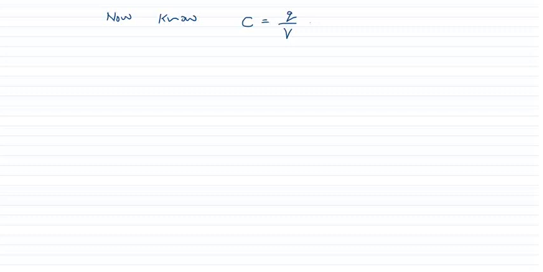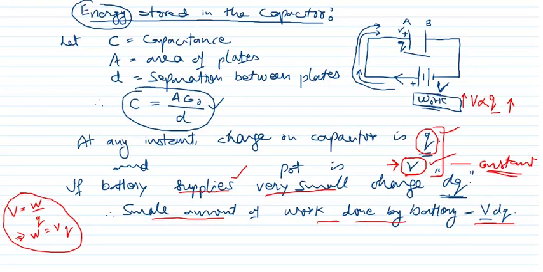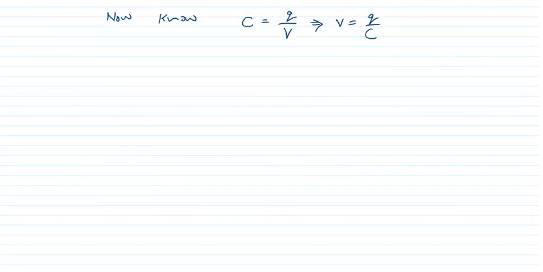Now we know that C is equal to Q upon V. Therefore, from this expression, we can write V is equal to Q upon C. Now this value of V equal to Q upon C can be put in the expression V dq.